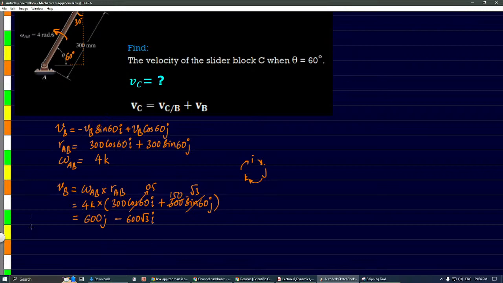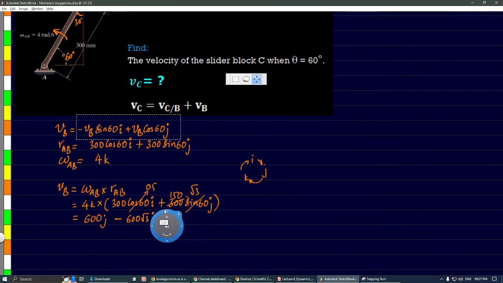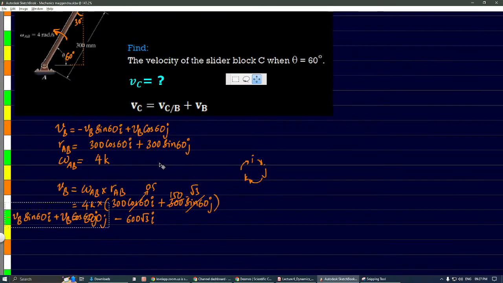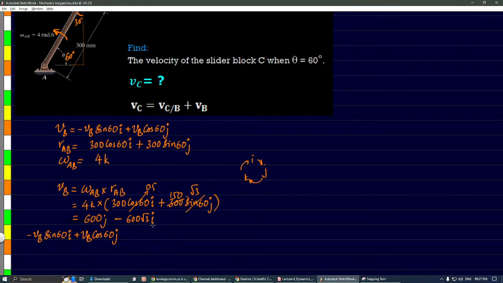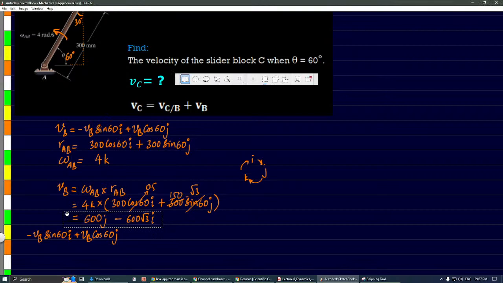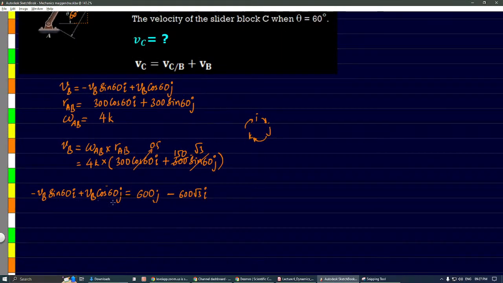And here VB, if you substitute on the left side, this side, it's going outside. If you equate these two, you can compare now.